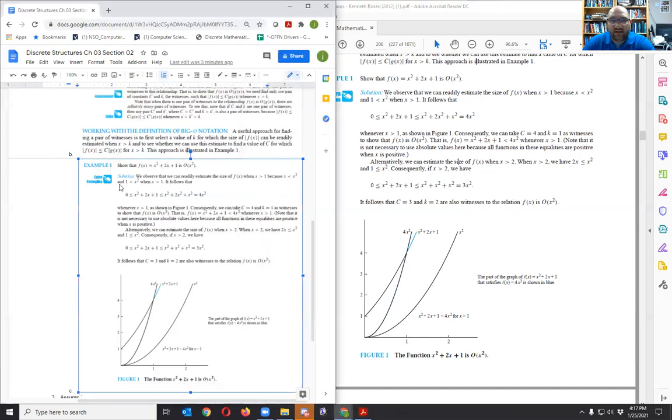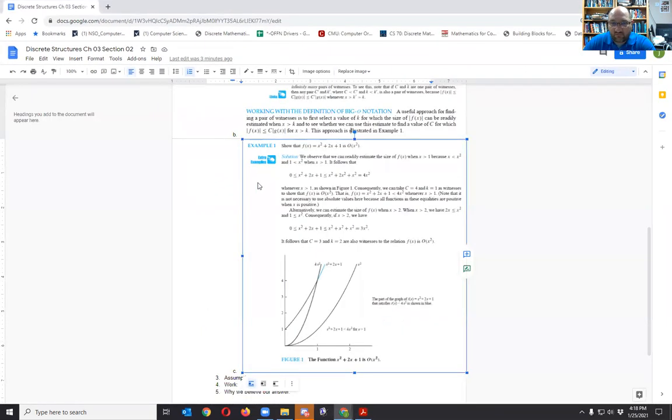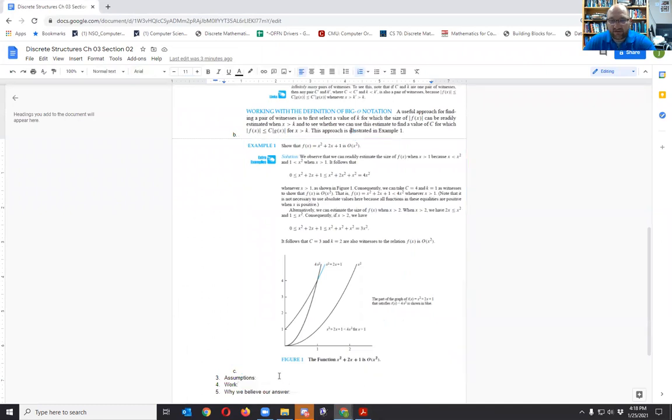Cool. All right, so now we've got this. We've got some idea. Assumptions. This is not going to be a great assumption, but I'm just going to write, so far, it looks like we can follow example 1.